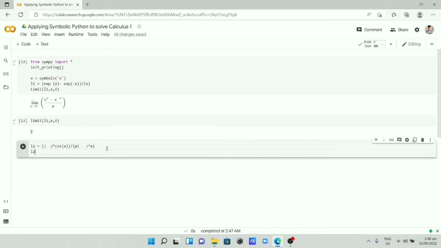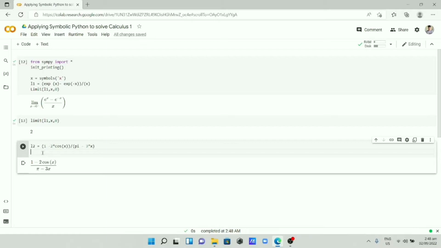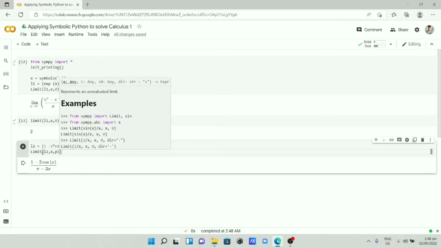And we are going to display the function, and then we are going to display the limit, again the uppercase Limit of the function L2 as x approaches pi over 3.